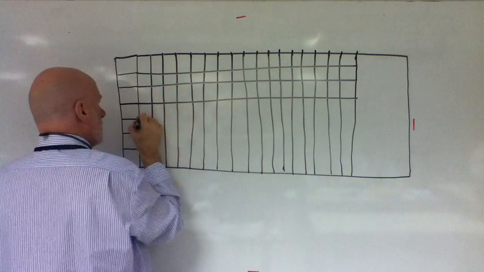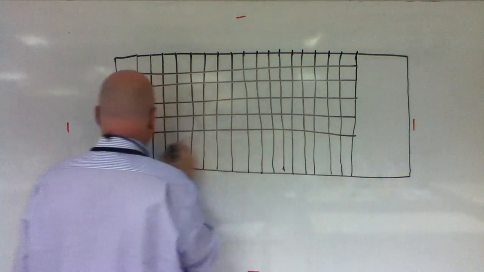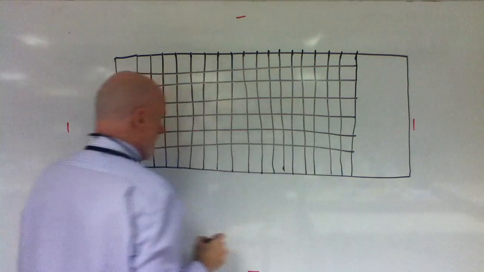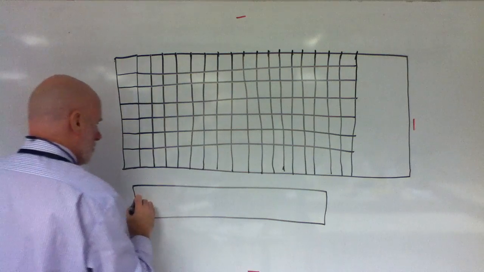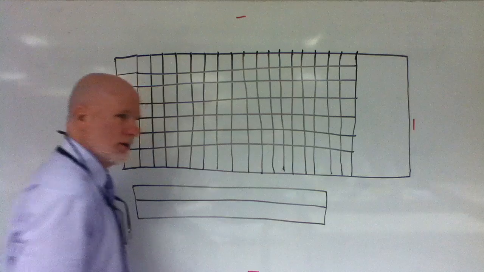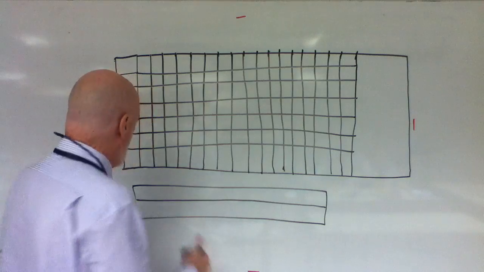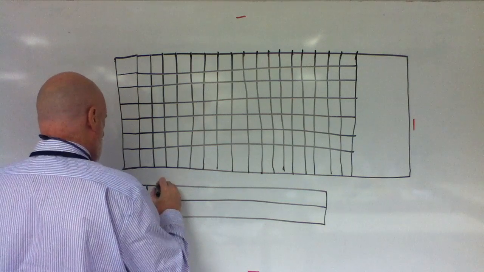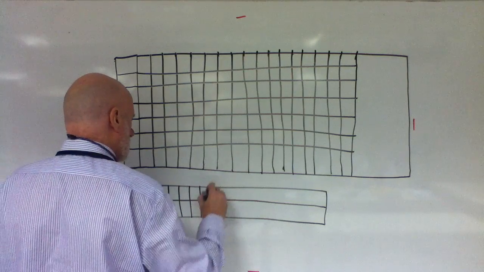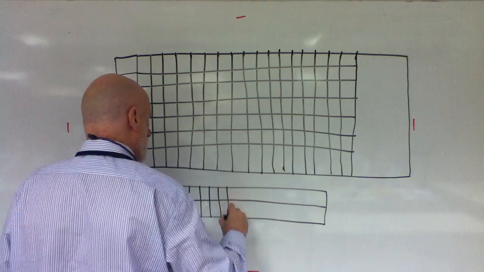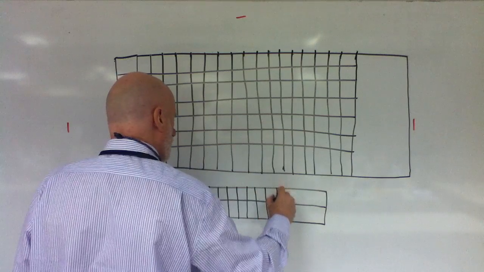So this is essentially a grid which is 7 by 18. And then you want to make 2 rows at the bottom, that are 14 blocks each: 1, 2, 3, 4, 5, 6, 7, 8, 9, 10, 11, 12, 13, 14.